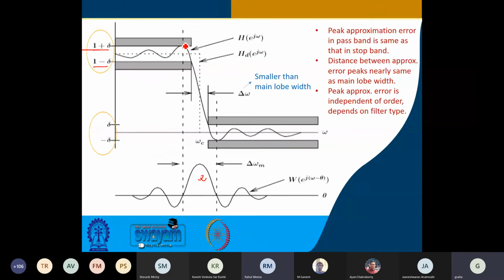And this peak and this peak over here corresponds to the main lobe width, and the actual transition that you see over here, where it is falling below the delta value, the excursion that is there, and it is picking up here. This is the transition region. So that will be smaller than the main lobe width. Main lobe width is this one, when this or this makes maximum contribution, the central part being away.